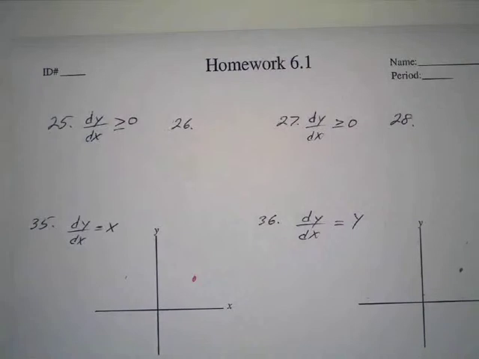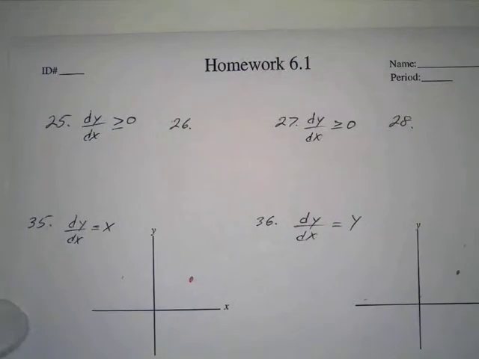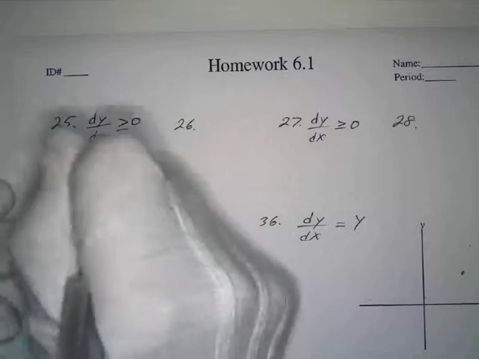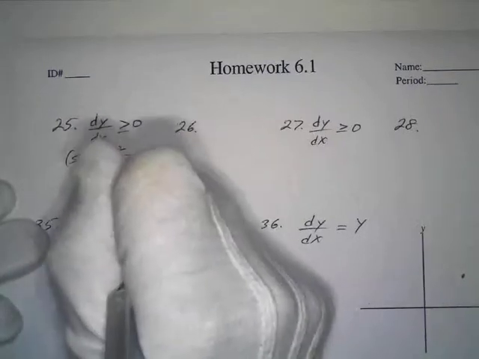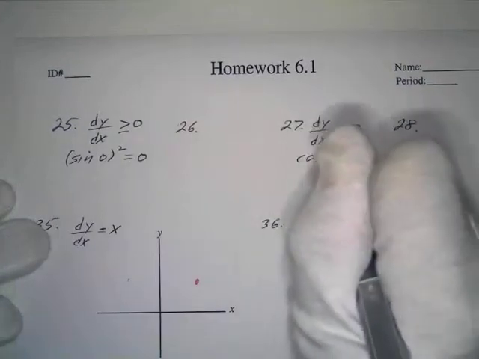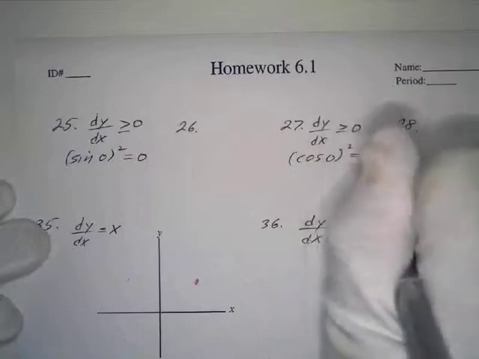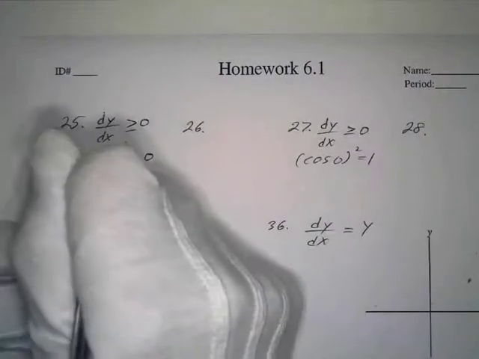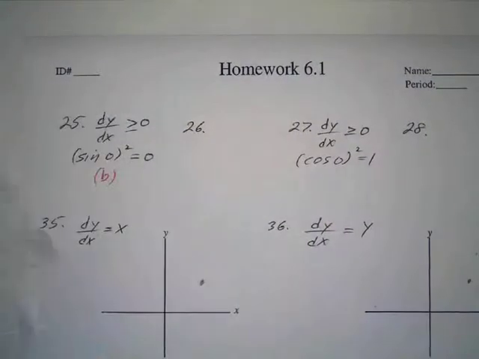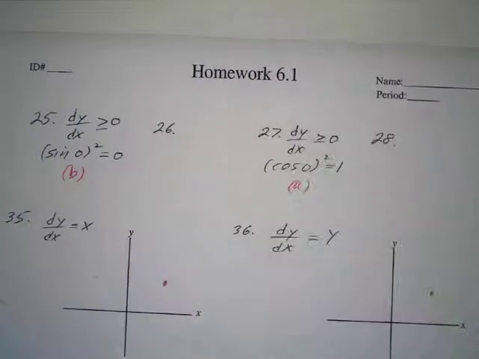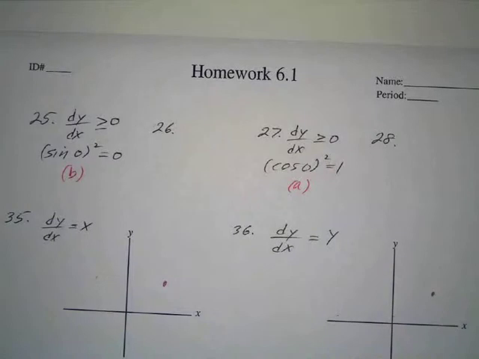And then here we would say that sine of 0 squared equals 0, and here we'd say cosine of 0 squared equals 1. So that's how we would analyze it. So here we came up with letter B, and here we came up with letter A.